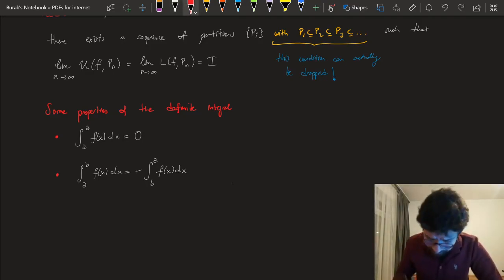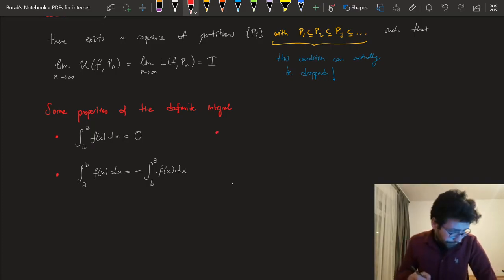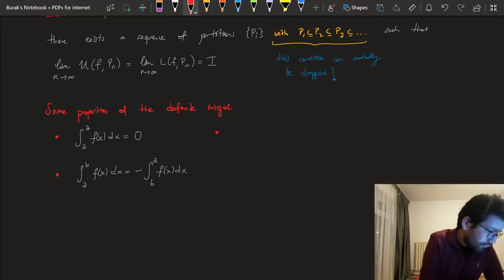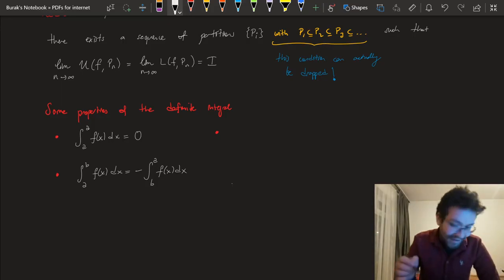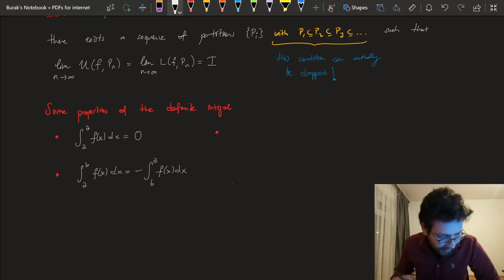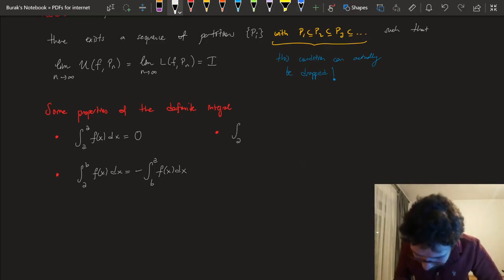And three more properties, I guess. No, actually four more properties. The integral is linear, and what does that mean? It means that if you have constants c1 and c2, well, it suffices for me to write down a plus here, so the minus automatically comes.